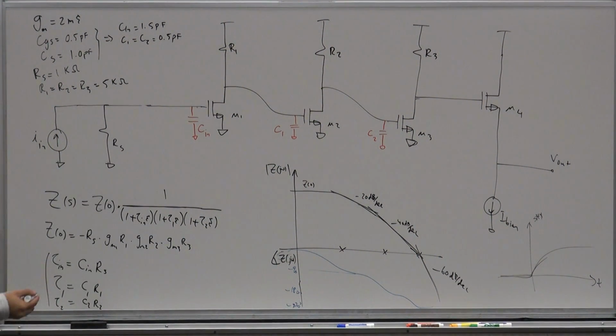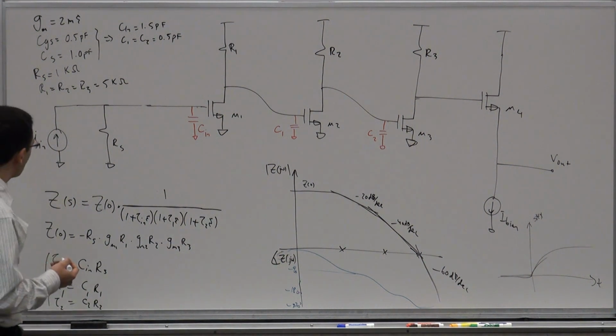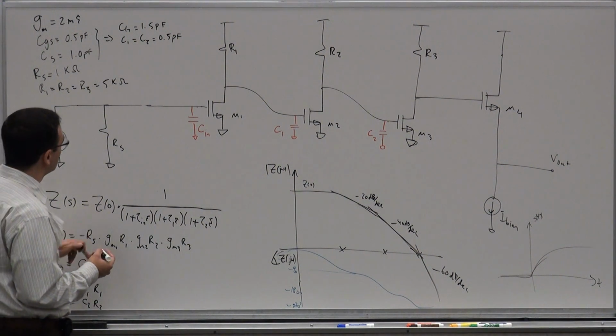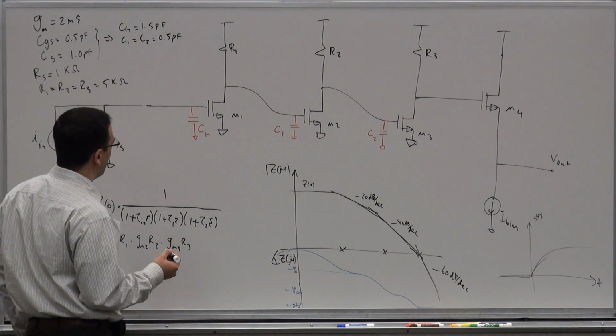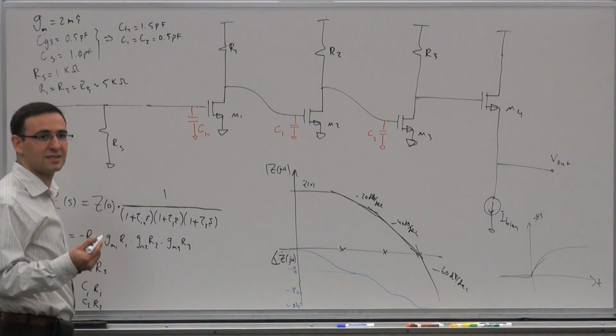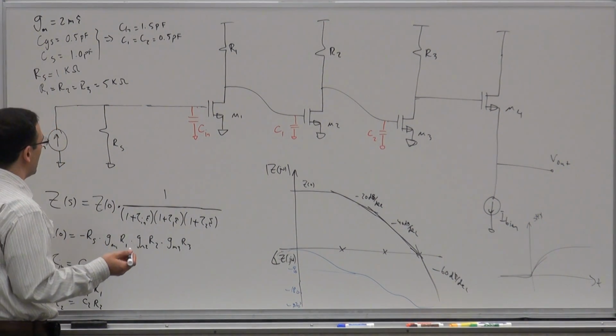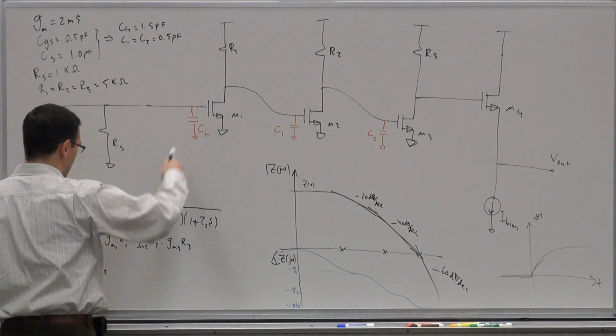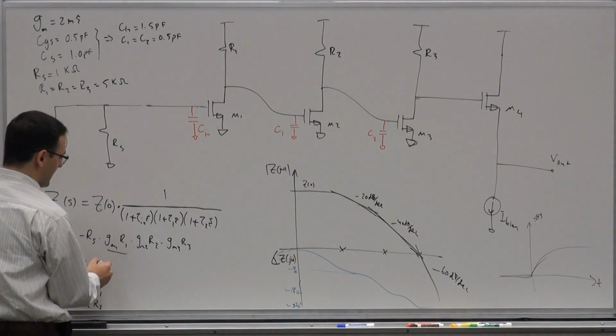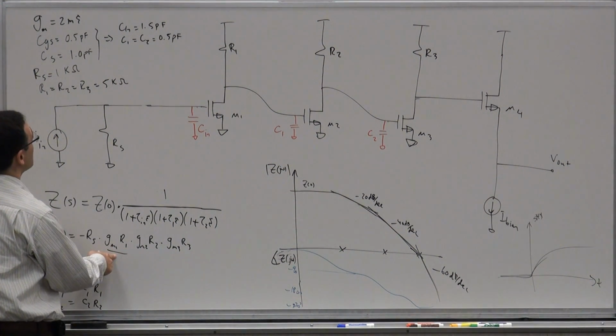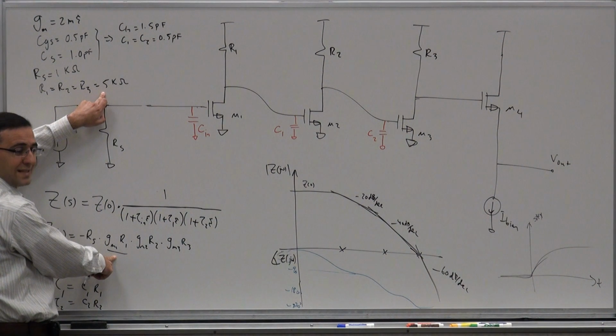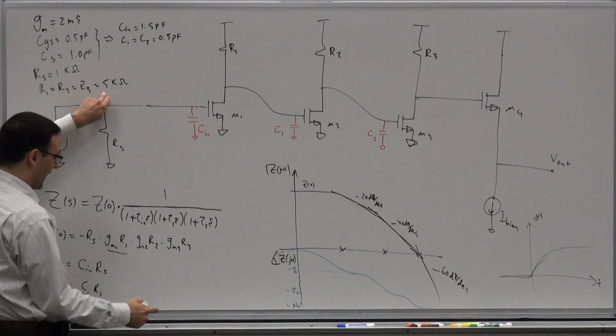So let's calculate these parameters numerically, see what they are, just to get a sense, and then as we go forward, we'll see what that gives us. So first of all, what is Z0? Low frequency transresistance. Well, it's this resistance times these three gains, right? So what are these gains? 2 millisiemens times 5 kilo ohms, 10. 10, 10, 10, 1,000.